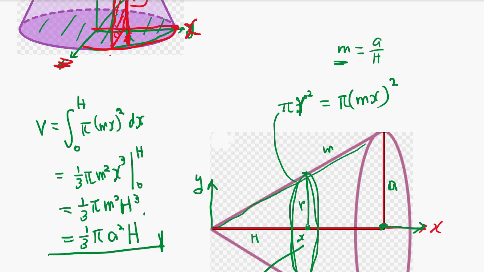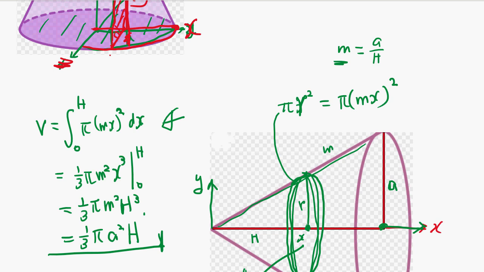So this is one example. Very simple. Just change orientation. The equation becomes much easier to handle. Just deal with the circular disk, and if you multiply the thickness of the disk dx, then take an integral, you get that. Okay.